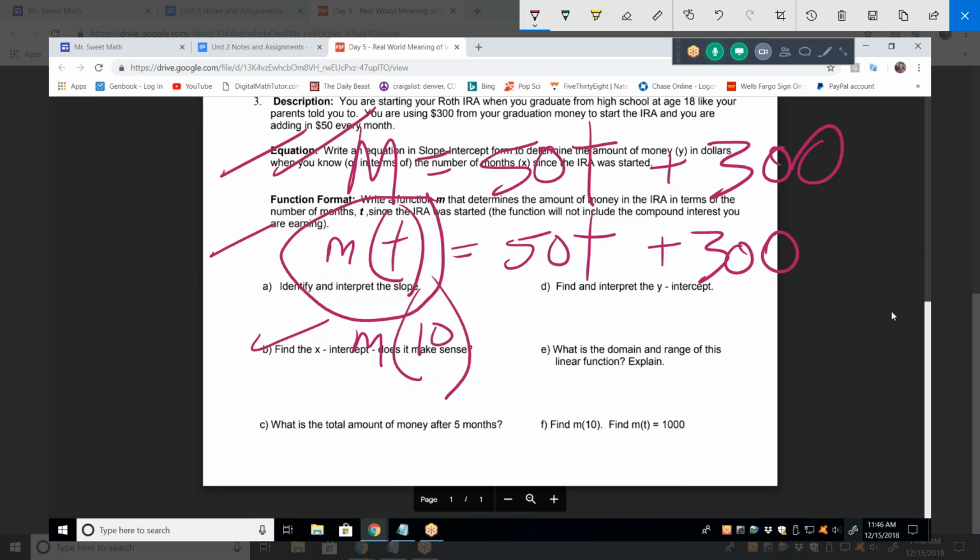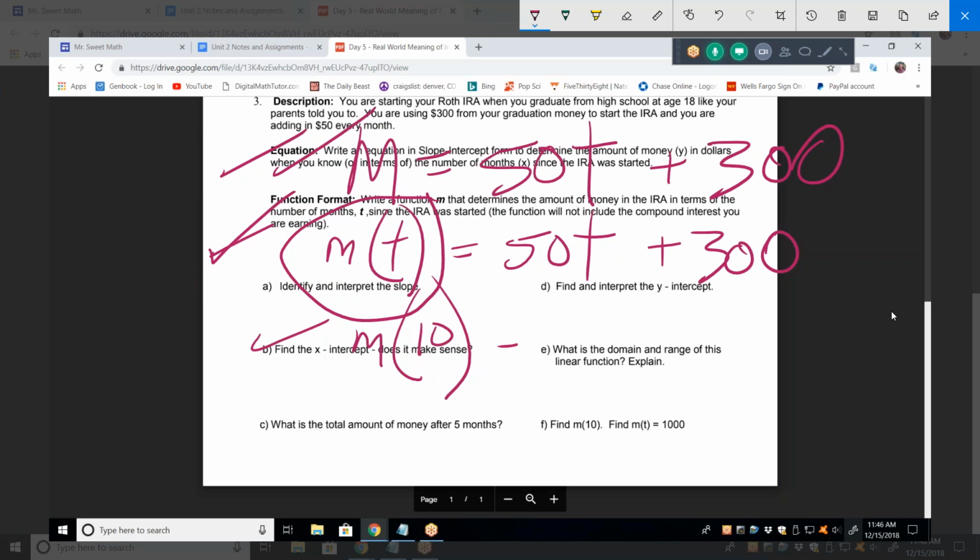If I'm writing that top line there, M equals 50t plus 300, similar to y equals 50x plus 300, I can't then say, well, what is M when t is 10? Whereas if I'm using function notation, which is M of t, then I can substitute numbers inside the parentheses.